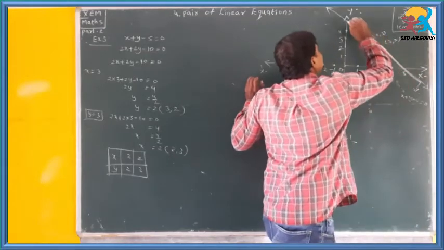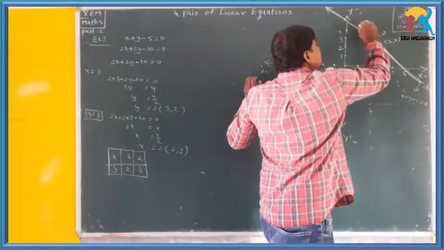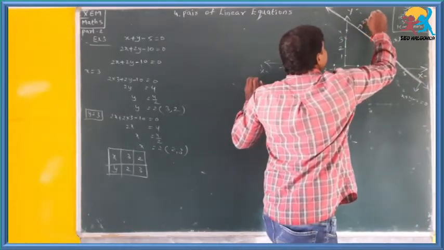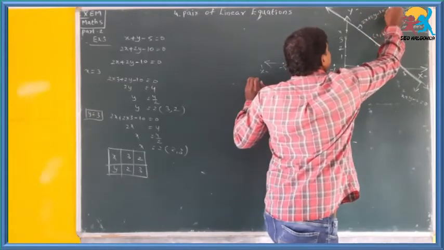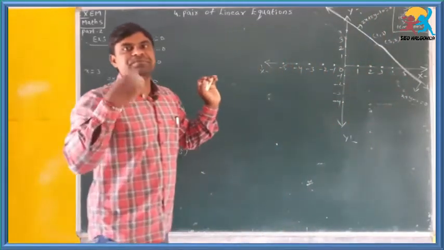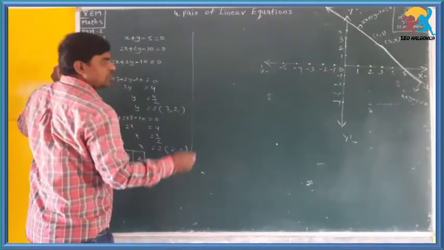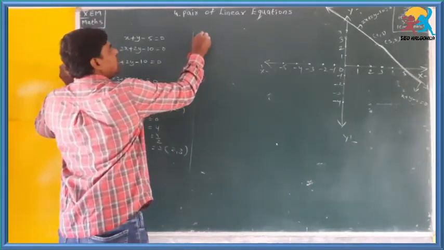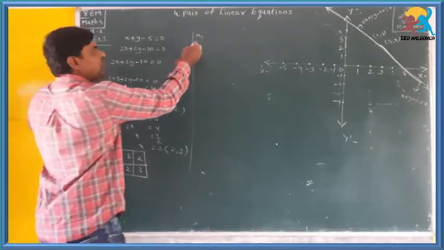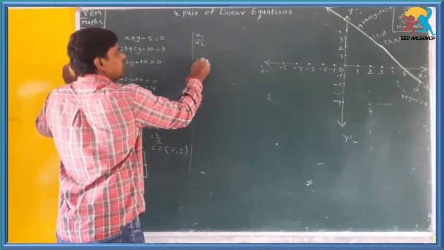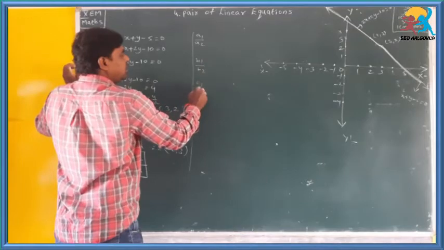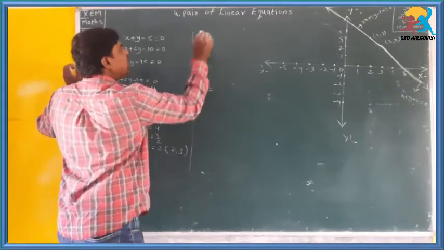Here also we have to produce. Now this equation will become 2x plus 2y minus 10 is equal to 0. Here what happened? Just think over it. When we get 2 lines, we have to find the ratios, a1 by a2, b1 by b2, and c1 by c2. This is compulsory.